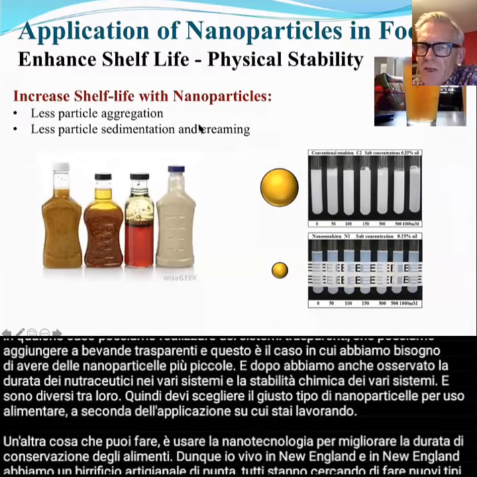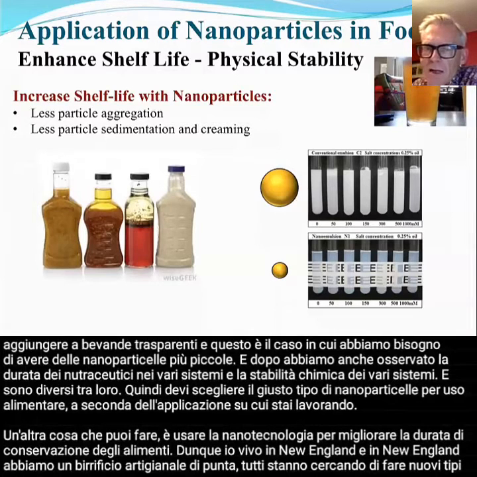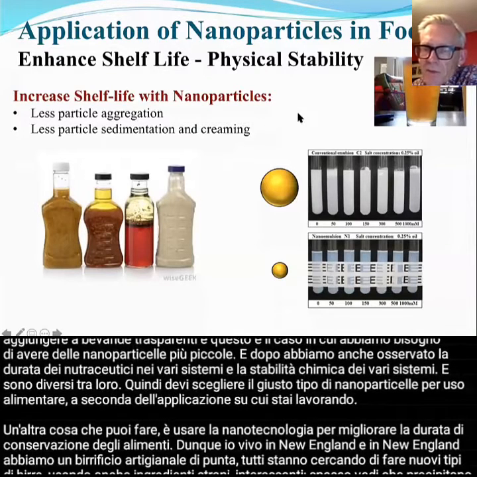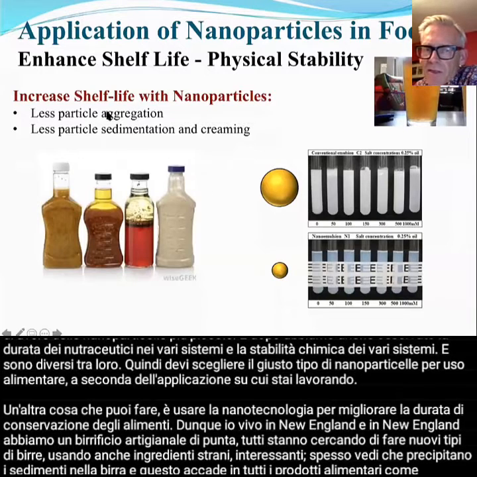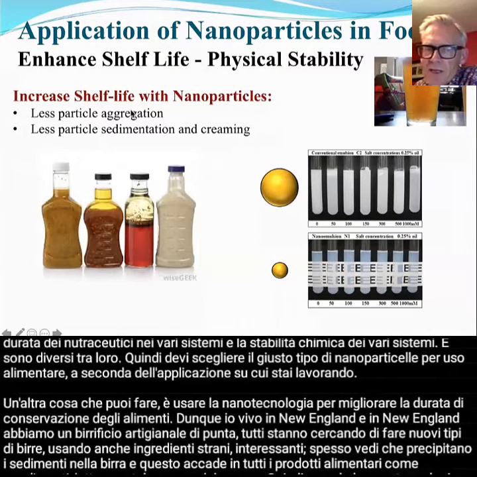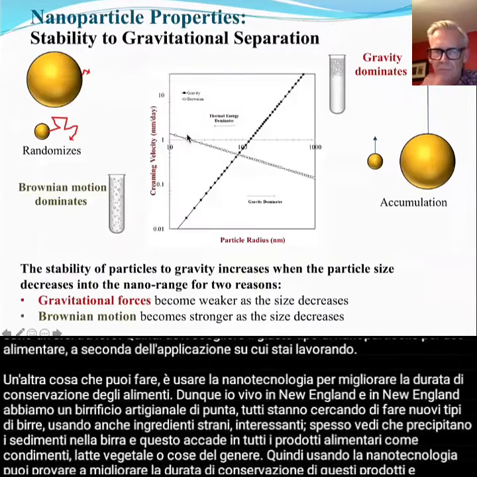So using nanotechnology, you can try and improve the shelf life of these products and improve the stability of the products by making the particles very small. And there's two ways you can do that. One is it helps prevent particle aggregation, and the second way is it helps stop creaming and sedimentation.